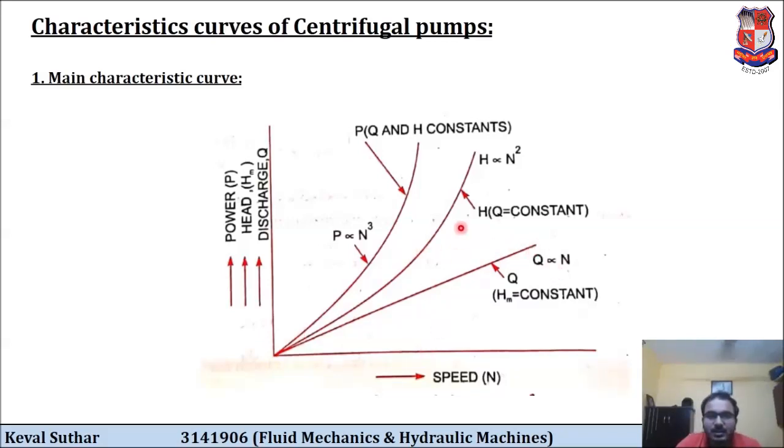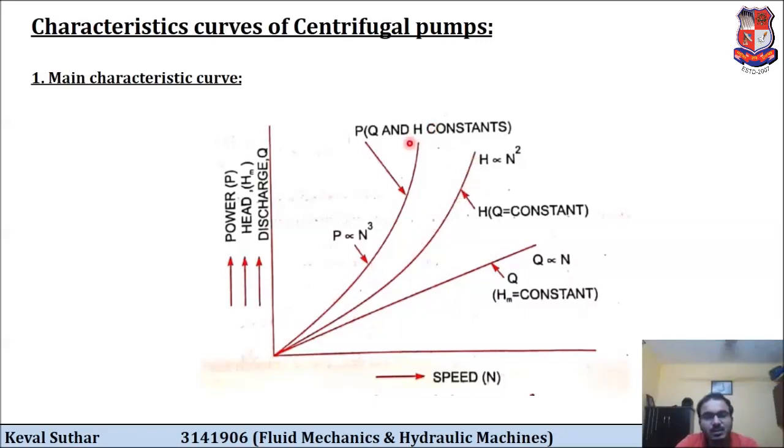Now the next is the variation of head with respect to speed. While obtaining this, we keep the flow rate constant. So flow rate is kept constant while obtaining the H versus N diagram, and from this figure we can see that H is proportional to the square of speed. That's why we are getting this kind of diagram.